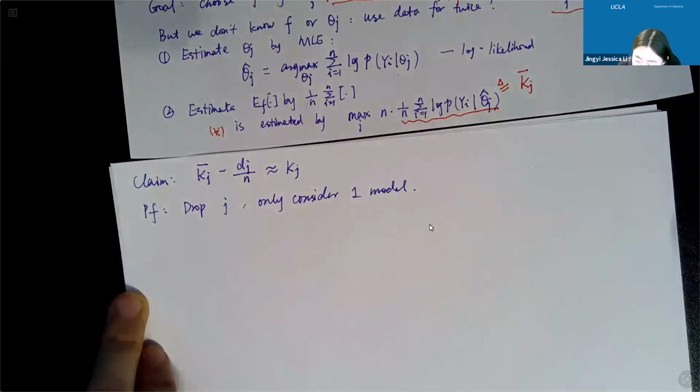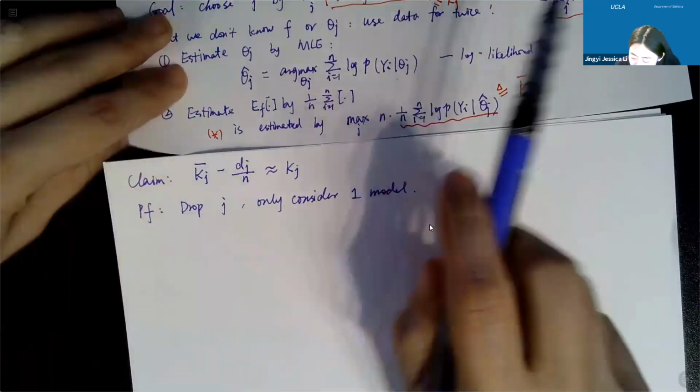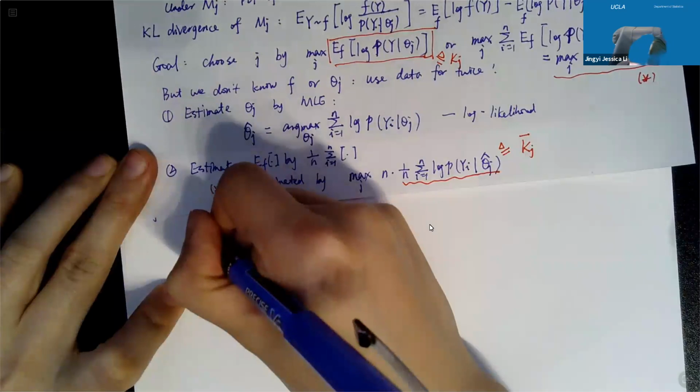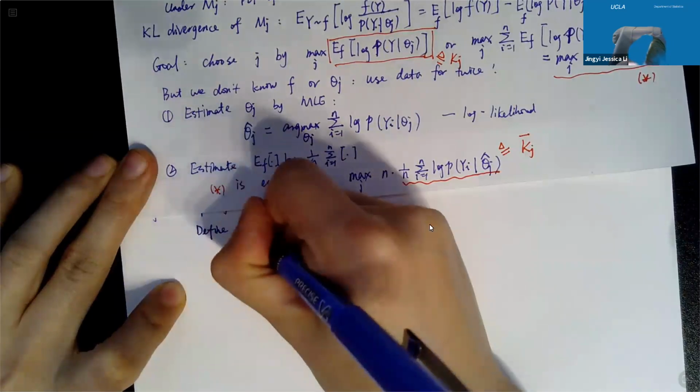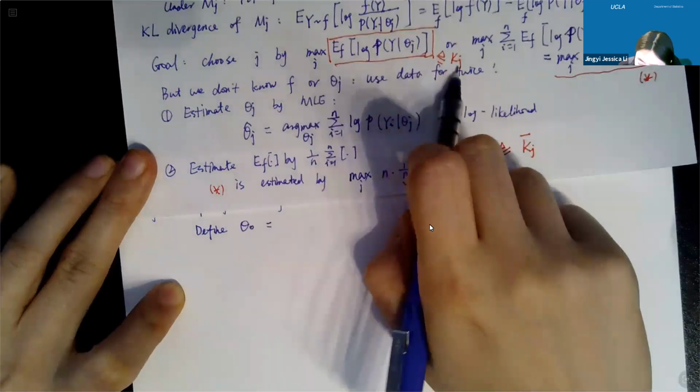So we first define the true parameter of our interest given model J. Let's look at this definition of KJ. We consider theta 0 to be the maximizer of this term.